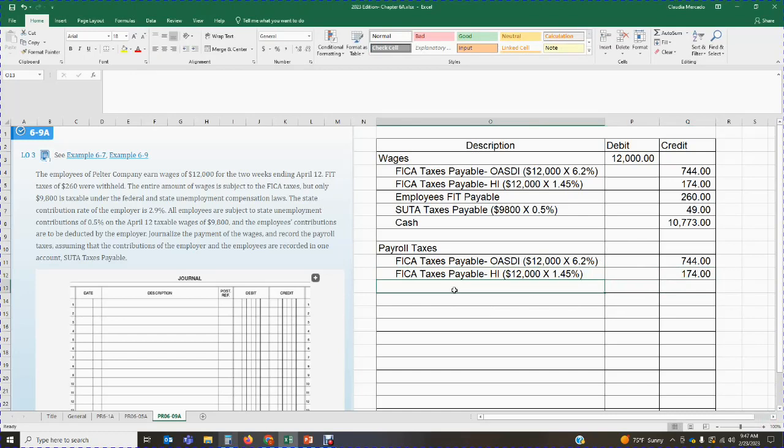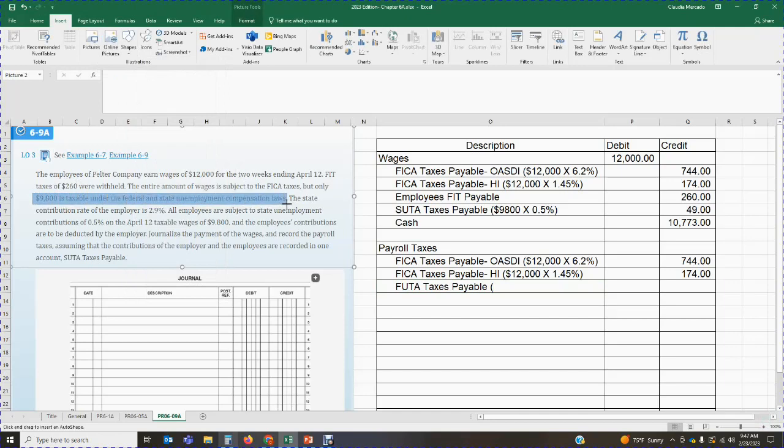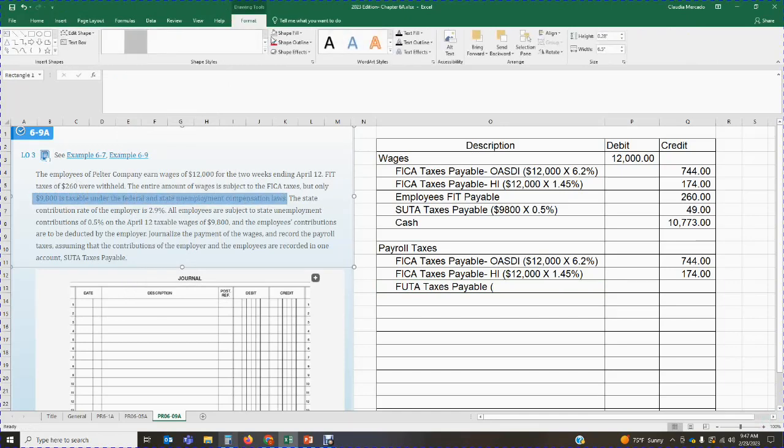Now the employer also has to pay FUTA taxes. So we're going to put that into my FUTA taxes payable. Remember, we are to pay FUTA and SUTA taxes on the $9,800. Very important: $9,800 is taxable under federal and state unemployment.